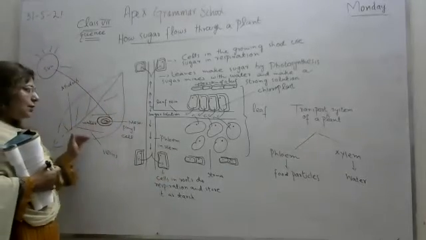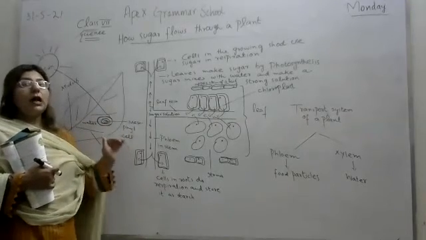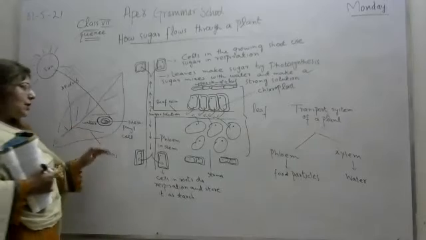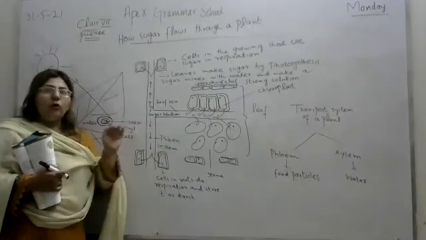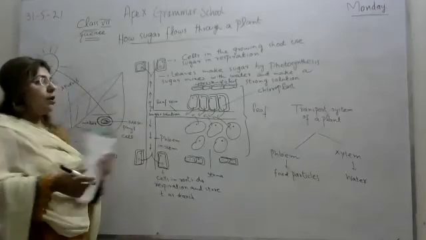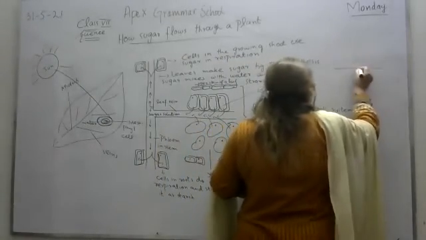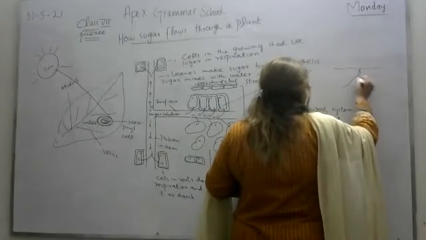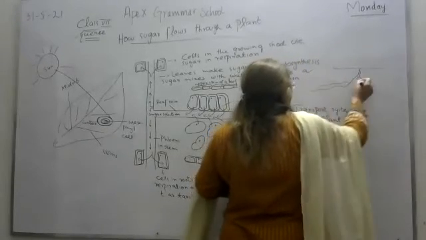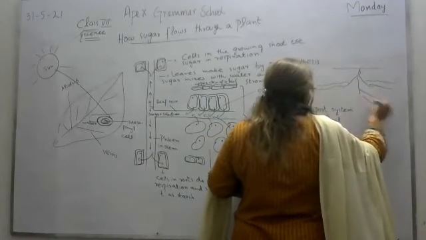Now we will see in this diagram in which part of the body of a plant there is a higher concentration of water. We can imagine and see that the higher concentration of water molecules is in the roots. Why? Because if we keep in mind the structure of the root, under the ground these are roots, but they are further divided into root hairs, and they go very far away in the ground.